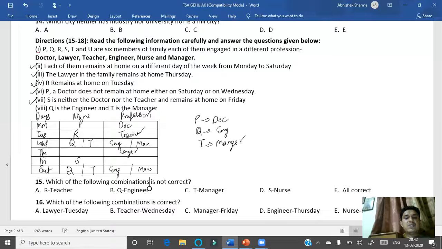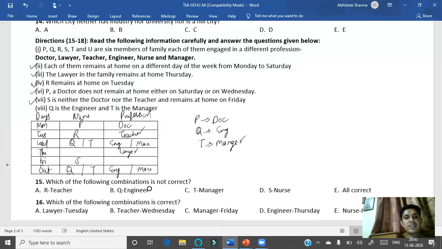So in this question, we have two possibilities: Q and T can be either on Wednesday or Saturday. If Q is on Wednesday, T will be on Saturday, or if T is on Wednesday, then Q will be on Saturday, right?